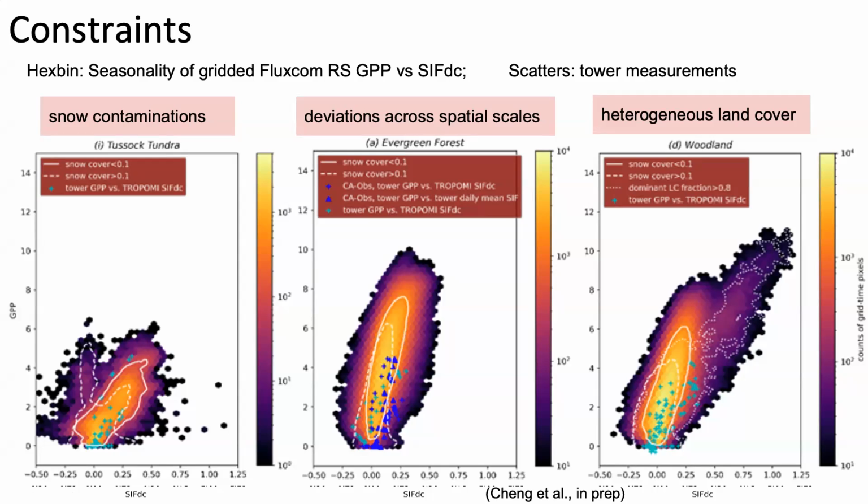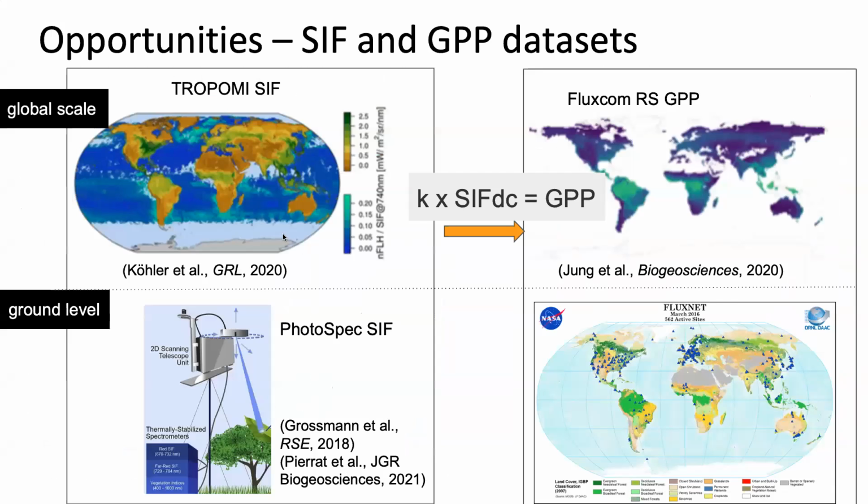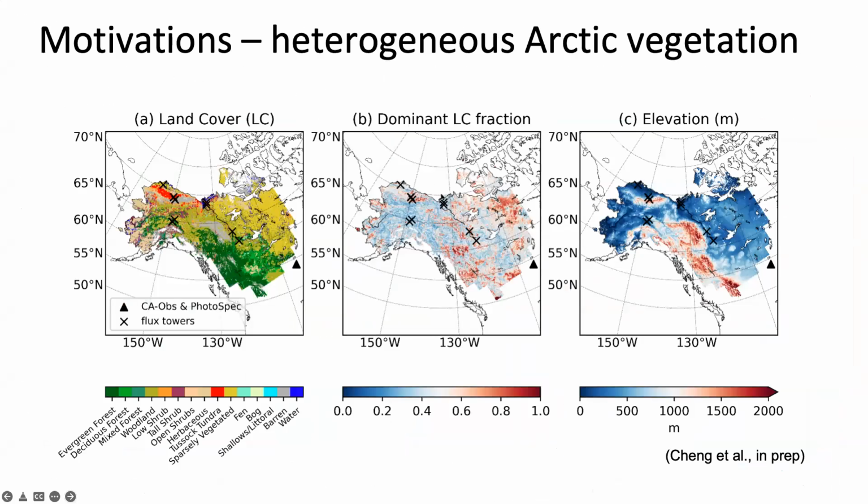Yes, it is a big uncertainty for our study. So right now, each hex bin here is about a 1 kilometer pixel size. And what we did is actually just to find the dominant land cover fraction within that 1 kilometer size, because our regional land cover type map is at 30-meter resolution.